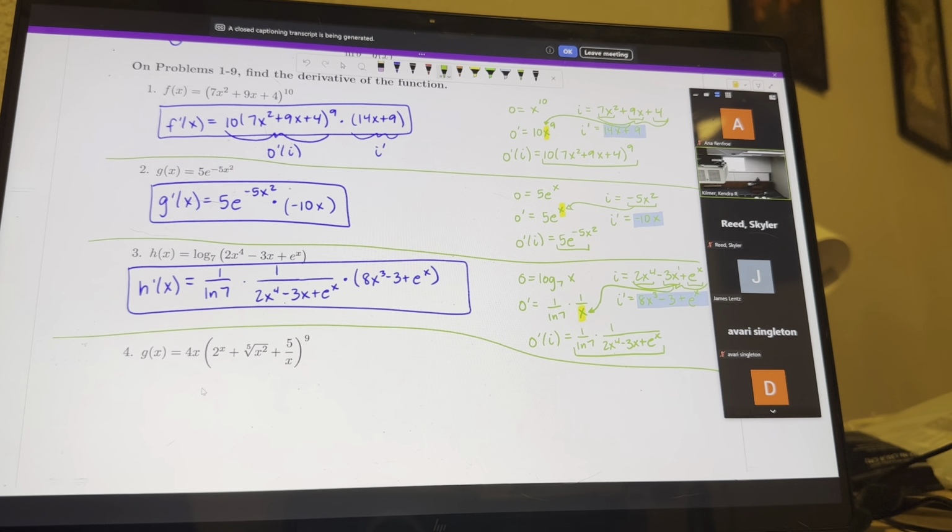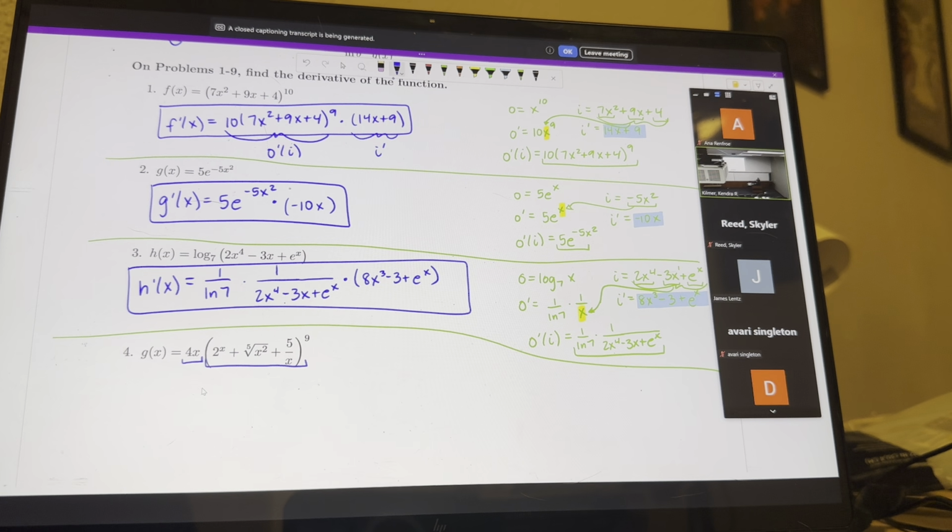So we do see a composite function, but we see that we are dealing with a product of 2 functions. One of those functions is a composite function, right? So if we're looking at our 2 functions, 4x is our first function, and then this whole function raised to the 9th power is our second function.